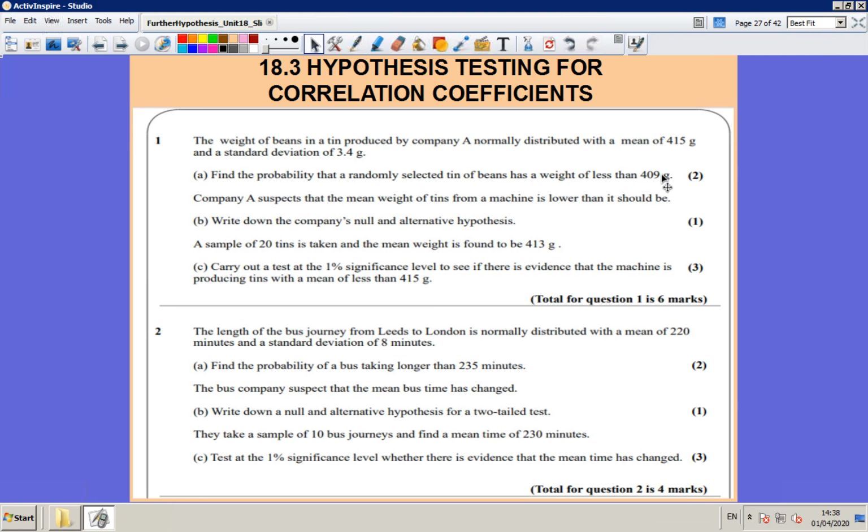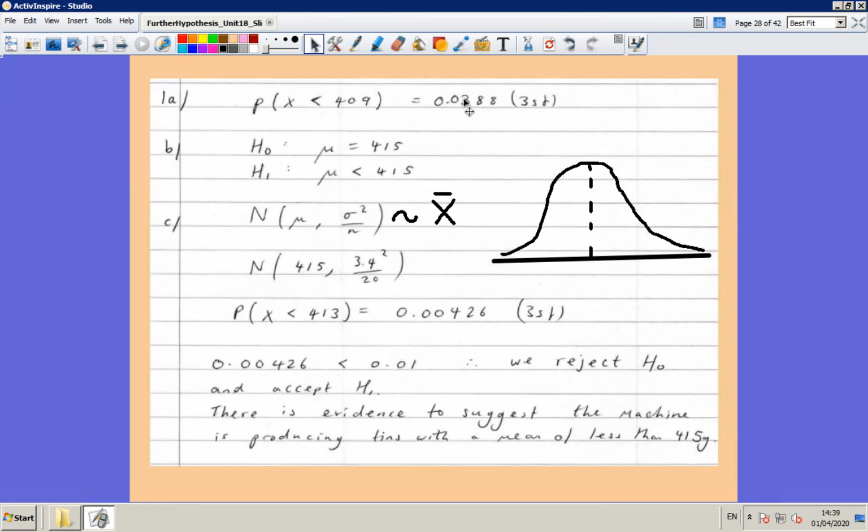Your upper bound is going to be 409 grams. Your lower bound is going to be 0, or a very small number. And you're going to put in the mean of 415 and the standard deviation of 3.4. And hopefully you should get this probability equal to 0.0388 to 3 significant figures.